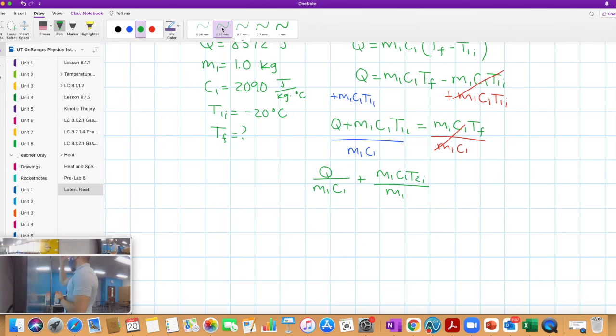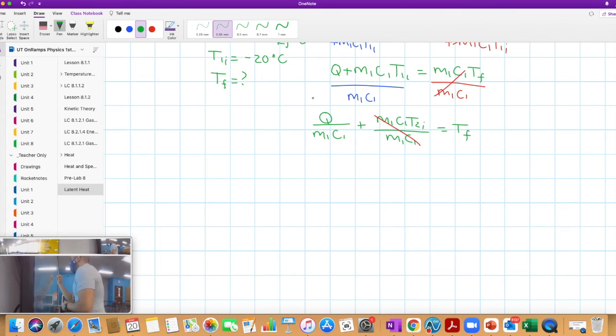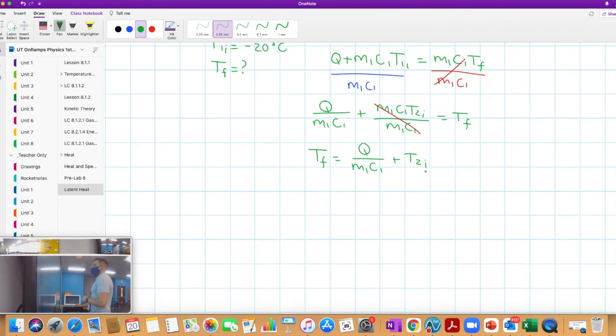I'm pretty sure you're seeing why I did it. It'll make my equation cleaner because I cancel this. And finally, my temperature final equals heat required divided by mass times specific heat capacity plus the temperature 1 initial. Now we just substitute.